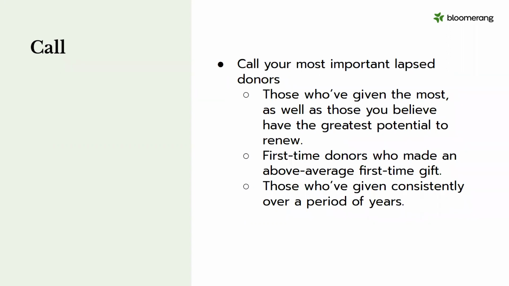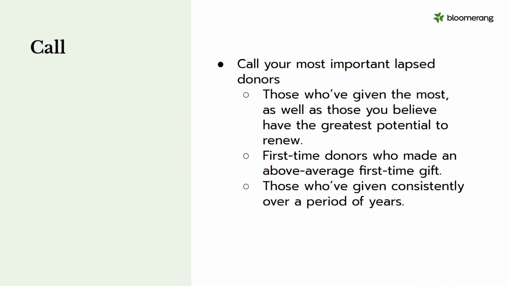I know we all have limited time and resources, so who you call and how many donors you call will depend on your own resources and the makeup of your donor database. So begin with those who've given the most, as well as those you believe have the greatest potential to renew.